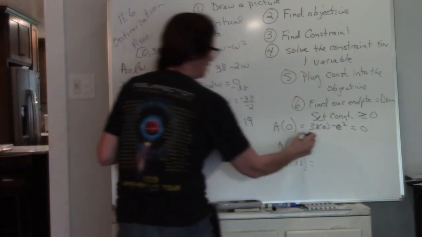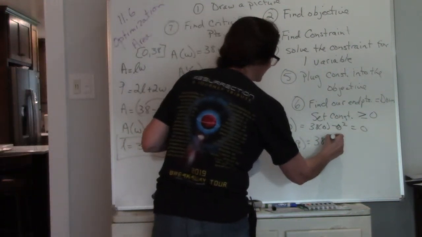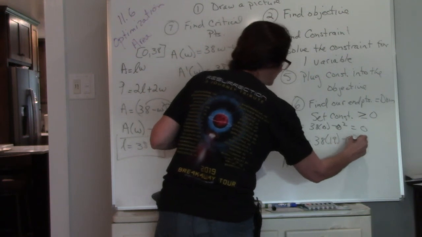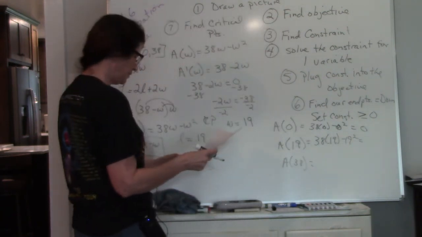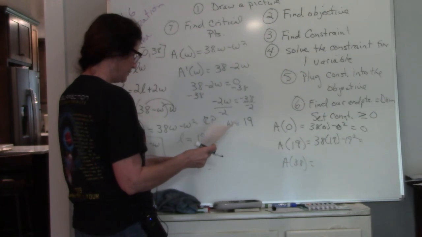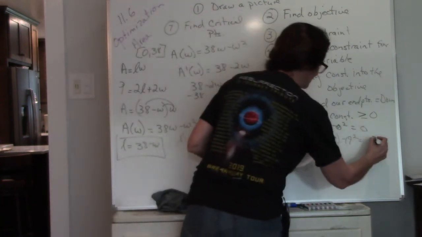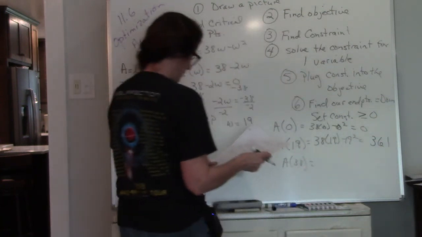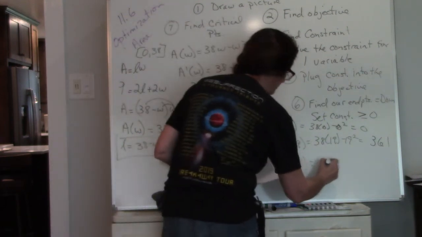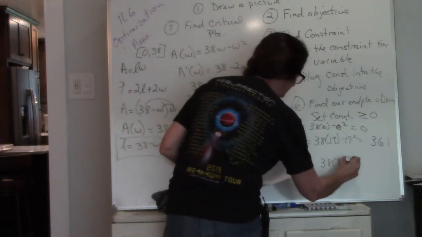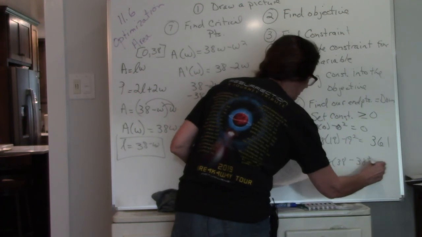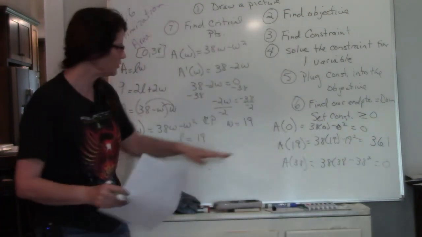Now I'm going to plug my 19 in. So 38 times 19 minus 19 squared is 361. And now I'm going to put in my 38. So 38 times 38 minus 38 squared. And that also becomes 0, which makes sense.